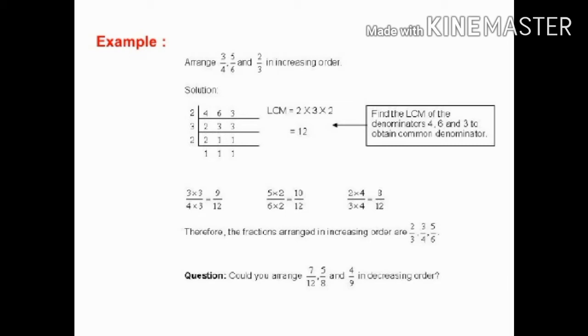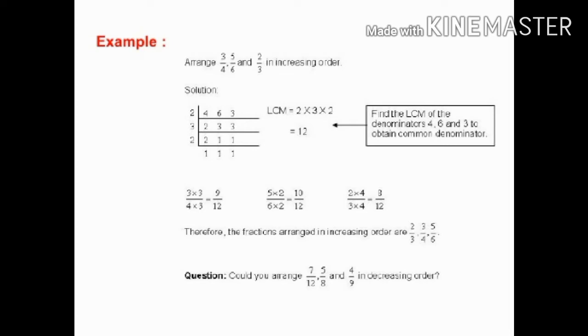So the fractions arranged in increasing order are 2 by 3, 3 by 4 and 5 by 6. Dear students, look, 9 by 12, 10 by 12 and 8 by 12. Denominators are same. Now we will check the numerators. We already know that ascending order means lower to higher.